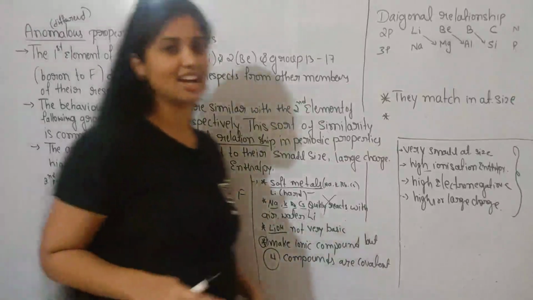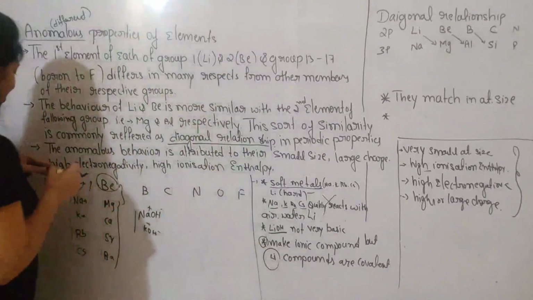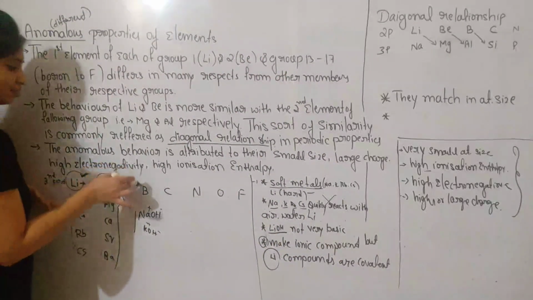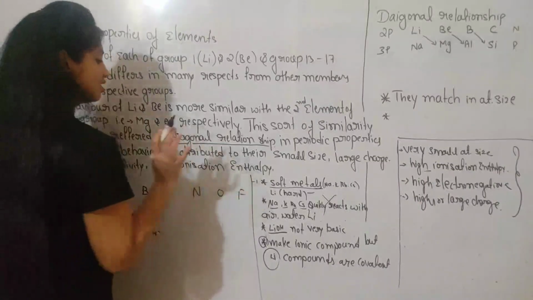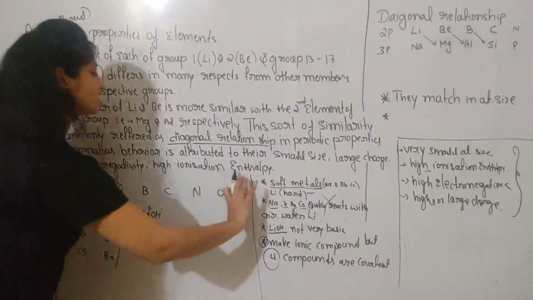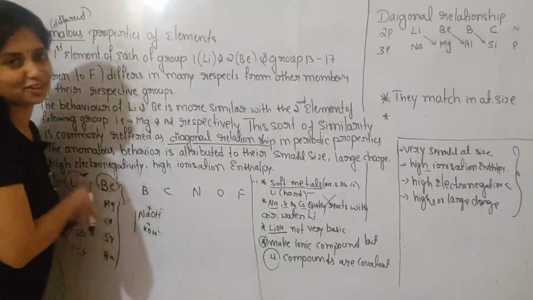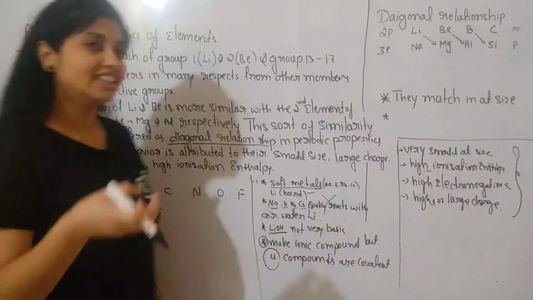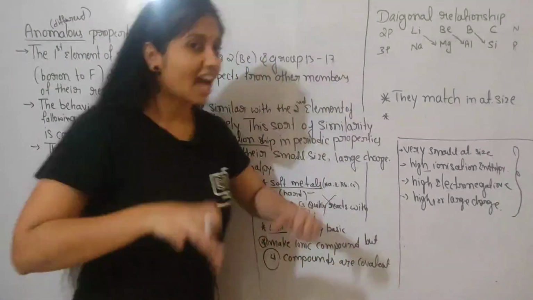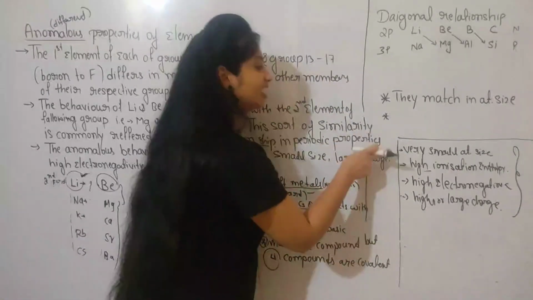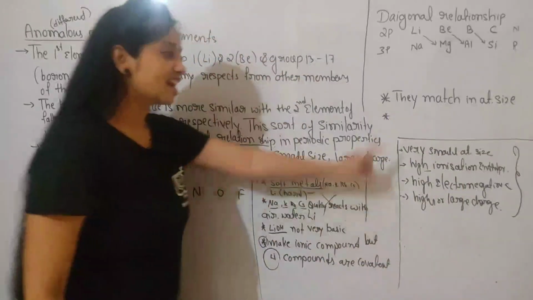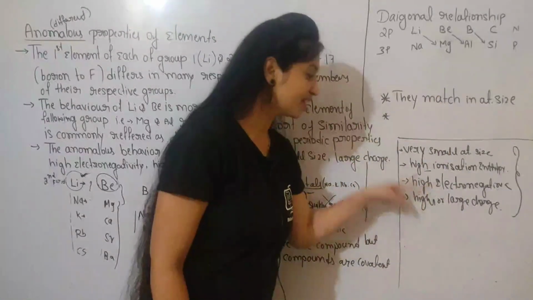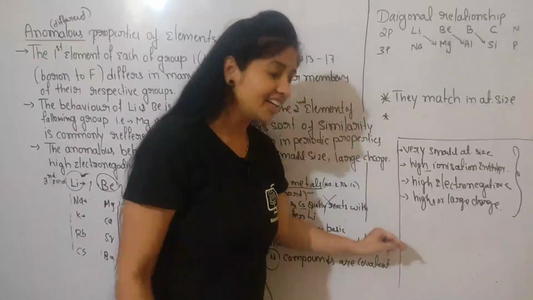So this is also an anomalous property of lithium compared to these elements. Just remember, guys, lithium, beryllium, boron, carbon, nitrogen, oxygen and fluorine, the second period elements, are the leaders of their groups. Just remember this point. Why are they leaders? Because they have special properties like very small atomic size, high ionization enthalpy, high electronegativity and high nuclear charge.